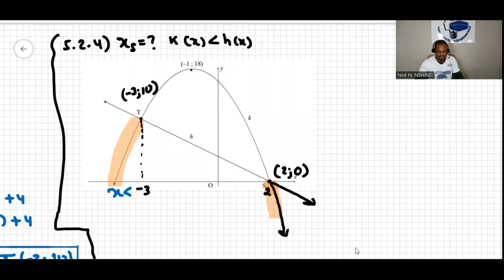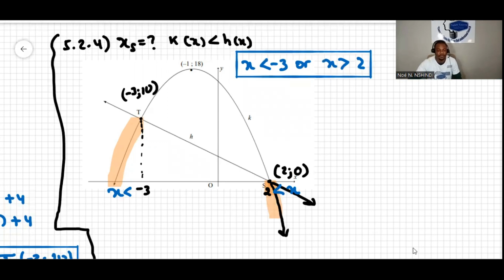Or I mean 2 is less than x. Then we can write it like this: x is lesser than -3, or x is greater than 2. So this is fine.